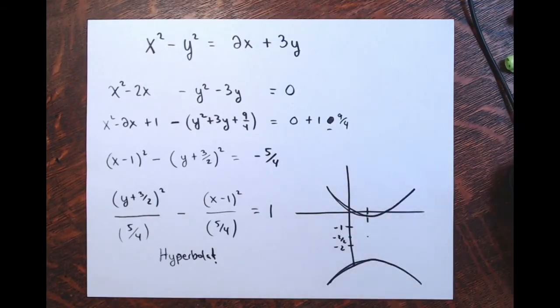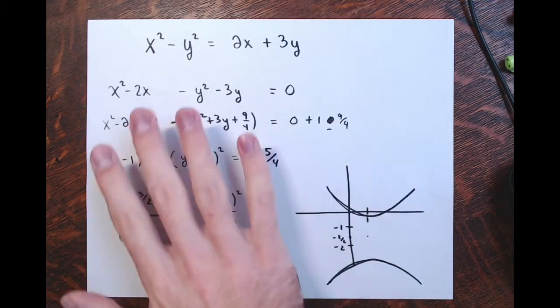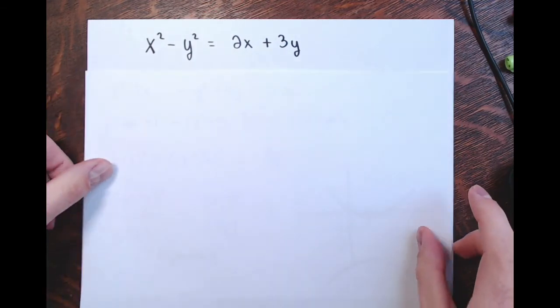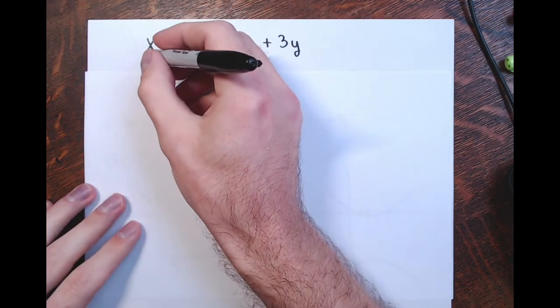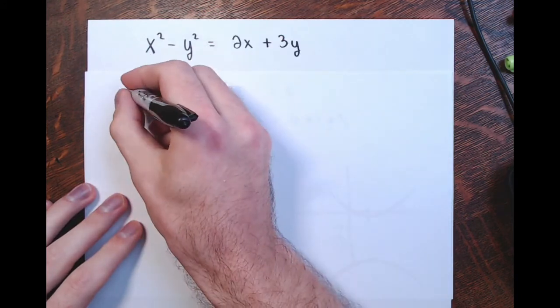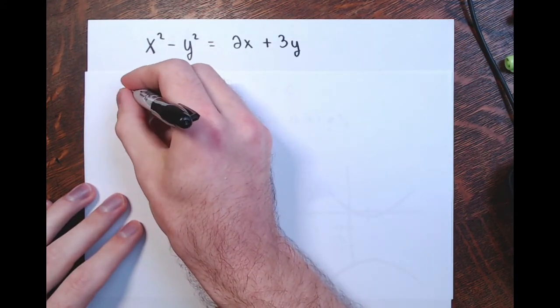Now the question is, what's the polar equation that has this same graph? Again, I'm using all those relationships I showed you. We're going to change our equation in rectangular with x's and y's so that it's in r's and thetas. Everywhere I see x, I can replace it with r cosine theta.